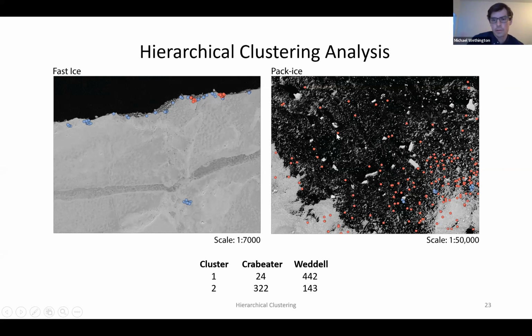So even using just a few covariates of interest, specifically a group size metric and nearest neighbor distance, we can do a pretty reasonable job of assigning individuals from one class to another.